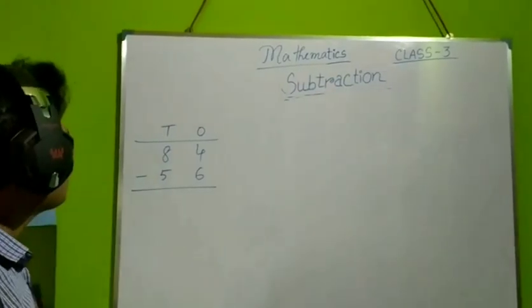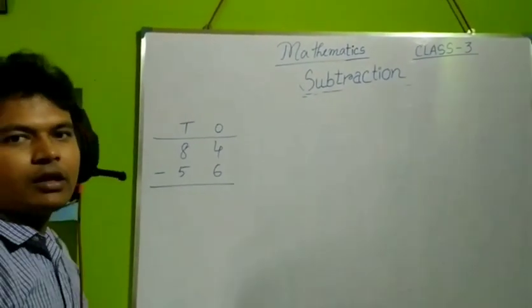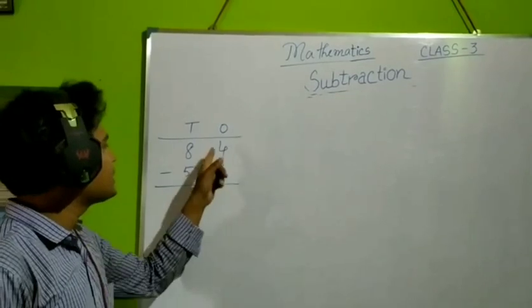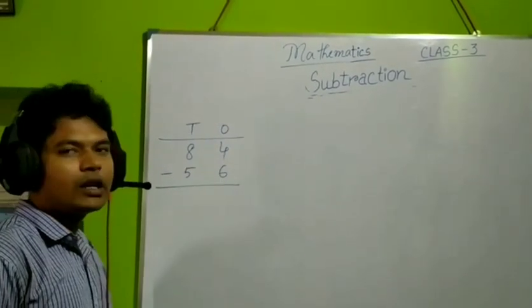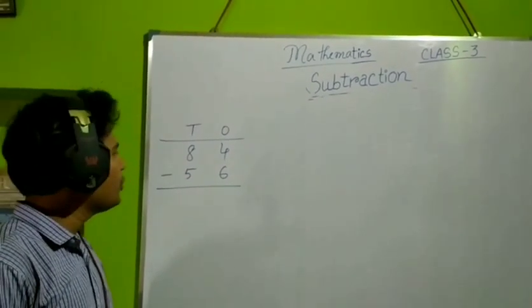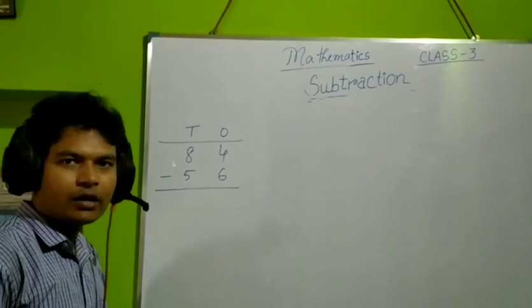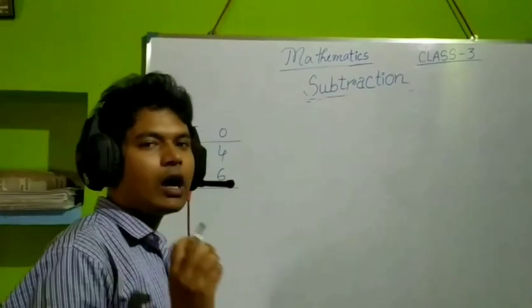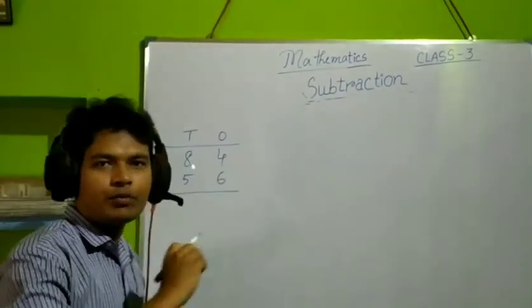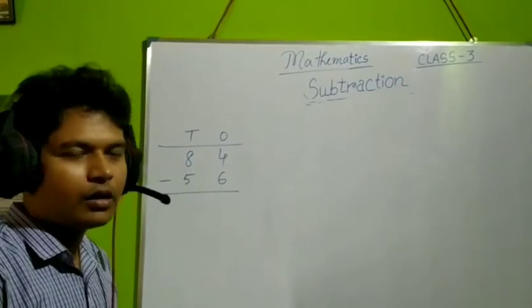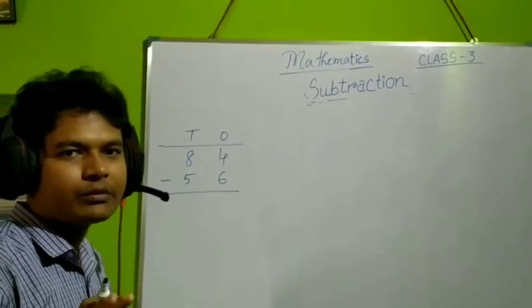Then you start from the ones place. Coming to the ones place, you can see that 4 is written at the minuend, which is smaller than 6. Now the question is how we subtract 6 from 4. Is it possible? No, it is not possible.